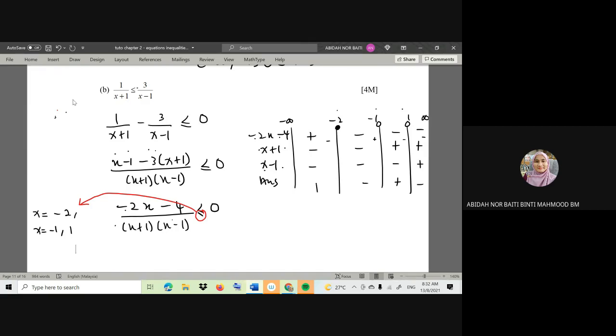Negative, negative, positive. So less than 0 is negative. Therefore, your answer is negative 2, negative 1, round bracket, union, 1, infinity.